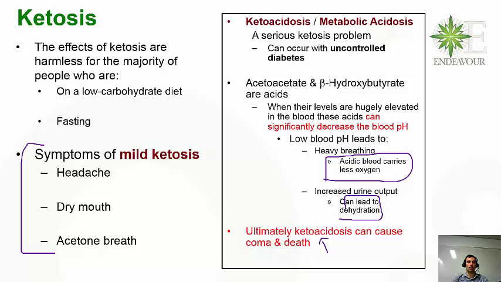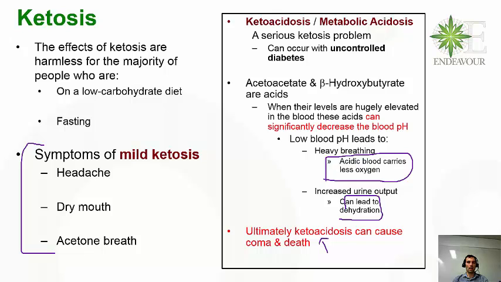So it's pretty serious in terms of what can happen if you completely shut down your carbohydrate metabolism and are relying on ketone bodies instead of glucose to feed some of your tissues. Remember, some tissues can't derive energy from lipids.